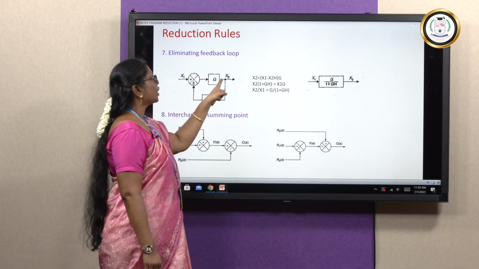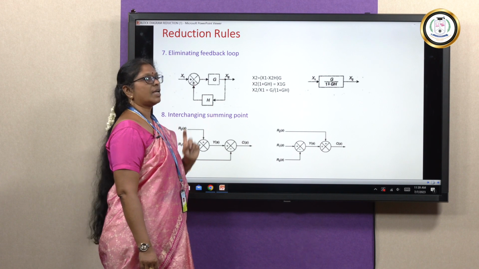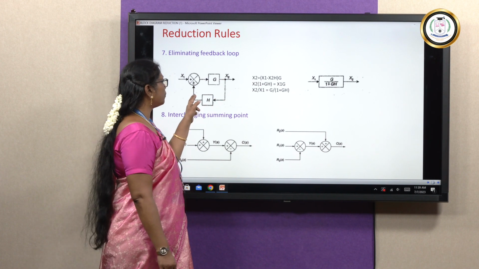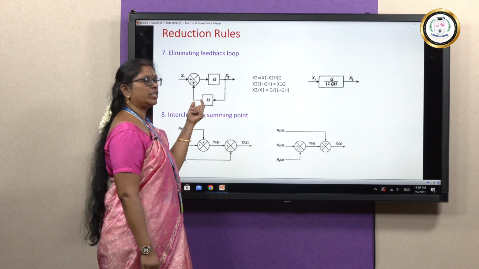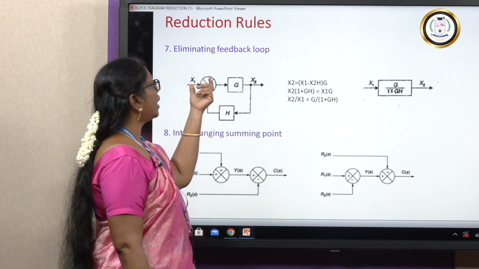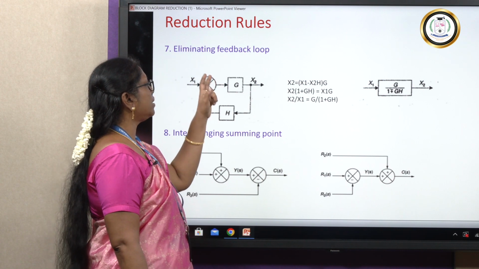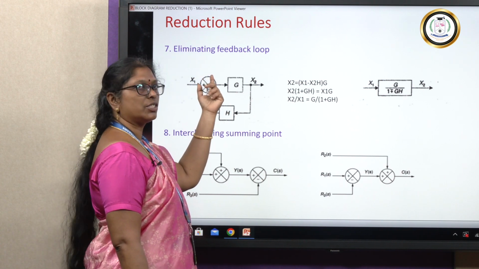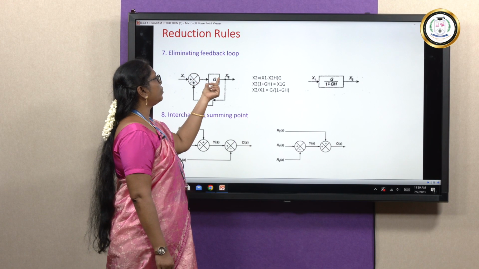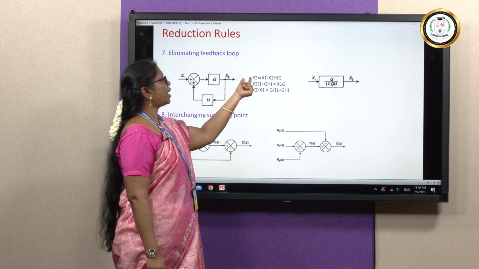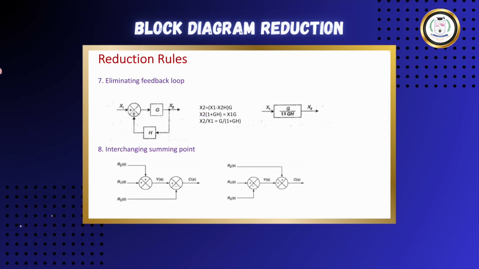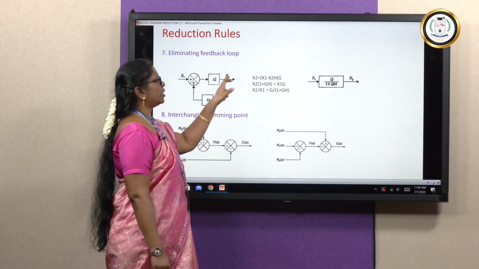So x1, what is the signal coming here? x2. So output of this is going to be x2 into h, right? Here we are going to make the difference. So x1 minus x2 into h, that is going to be multiplied with g. So your x2 is going to be x1 minus x2 into h into g, that is your x2.